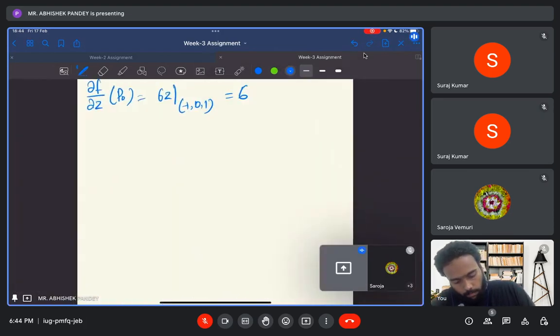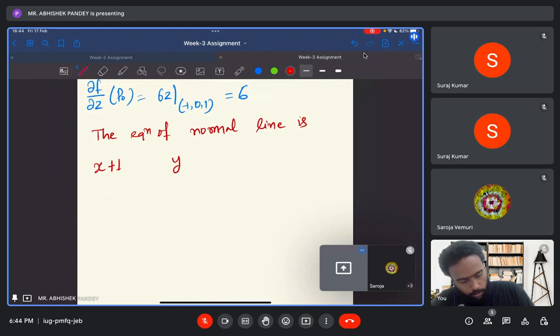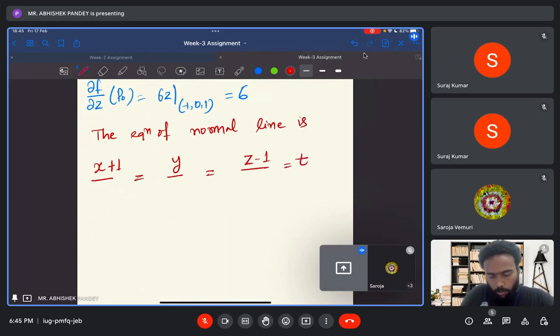So now the equation of the normal line: this will pass through the point p naught. Okay, so x minus (-1), so it is x plus 1, y minus 0, z minus 1, and this line is parallel to what?